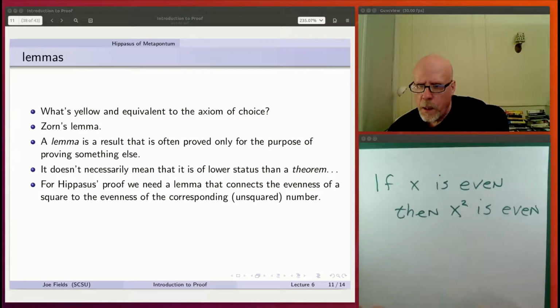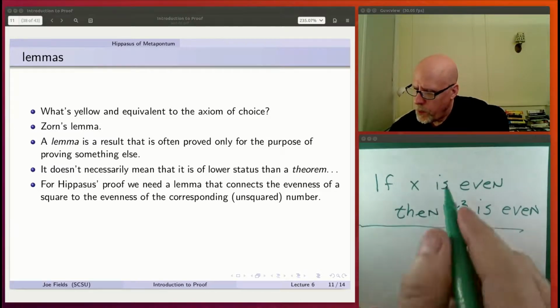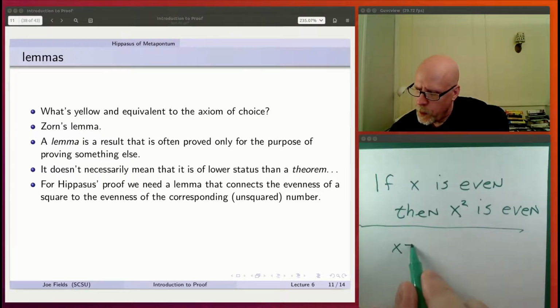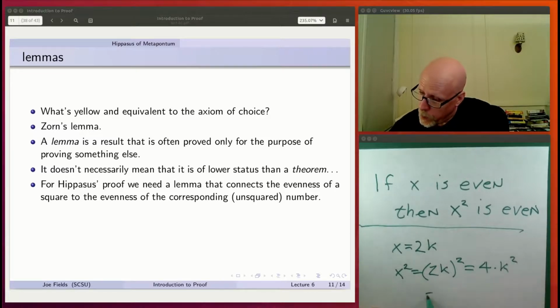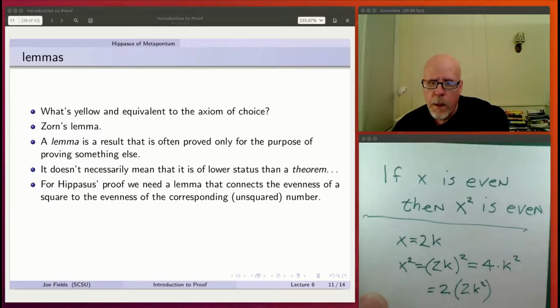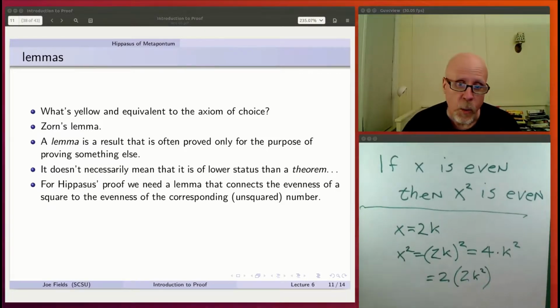Well, x being even means x looks like 2 times some integer k. A quick little piece of algebra says x squared is (2k) squared, which is 4 times k squared, which is 2 times some other integer. It happens to be 2k squared. But quickly you see that x squared is even.